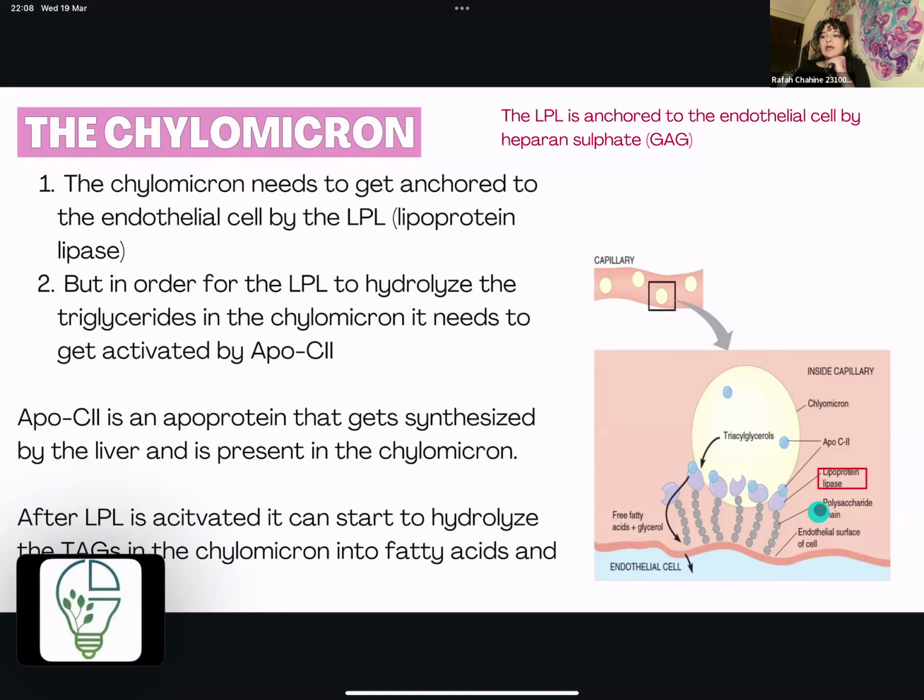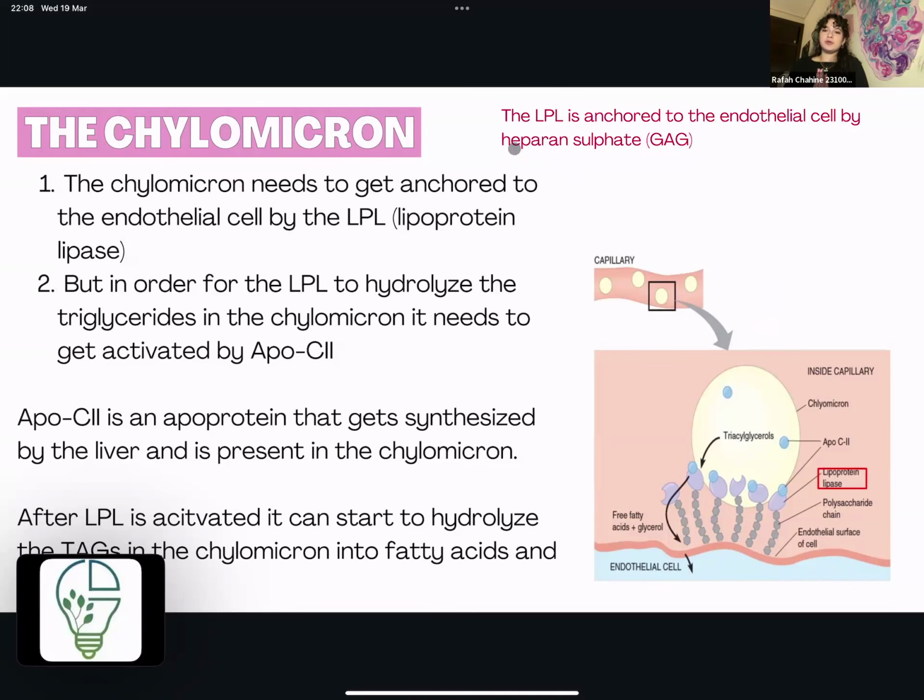It gets anchored by lipoprotein lipase, which we see over here, this purple enzyme. This lipoprotein lipase isn't just attached to the endothelial cell. No, it is actually also anchored by something else that's very important that you need to know, which is this glycosaminoglycan called heparan sulfate.